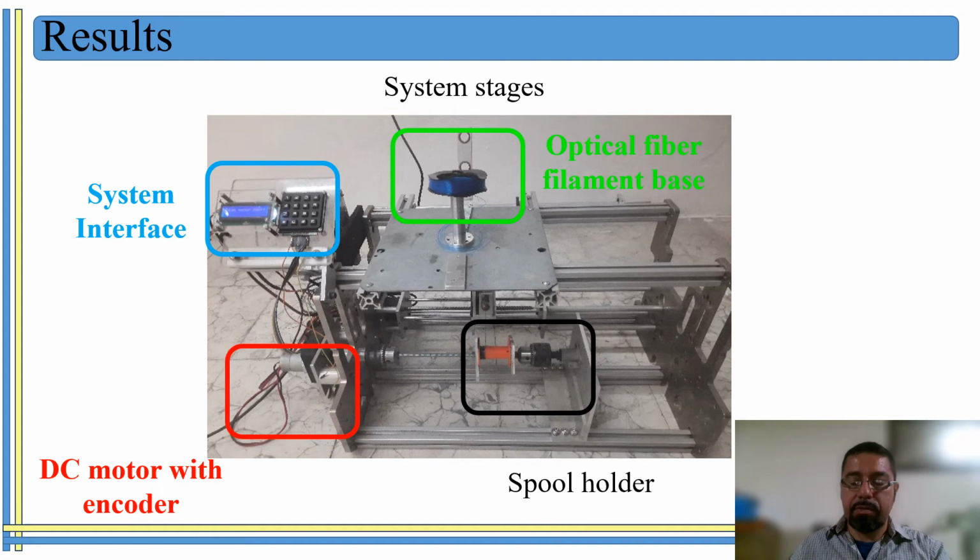The main board is also connected to the display and the keyboard, which are gonna work as a system interface, and the optical fiber filament base, where you're gonna place the big spool with optical fiber filament, and that's where you're gonna get the filament from in order to wind it on the smaller spool. So we have a spool holder, and this is the part where we're gonna place the spool in order to wind the optical fiber filament.